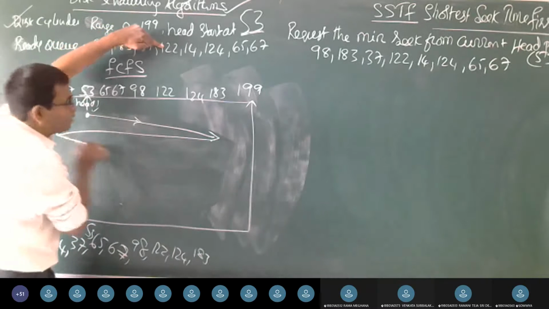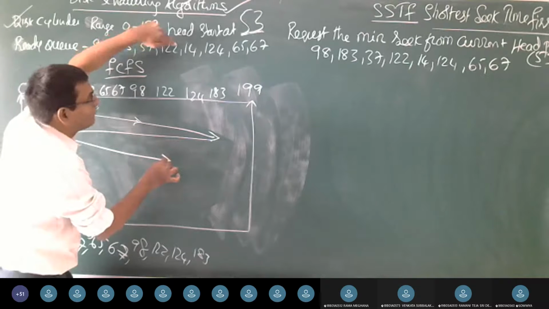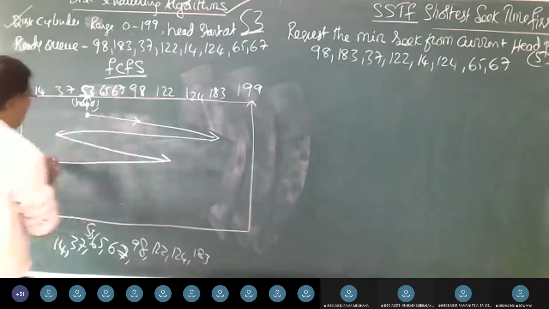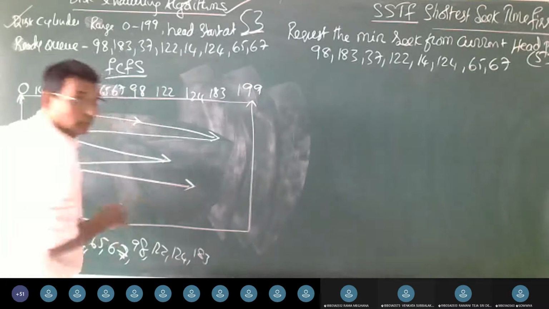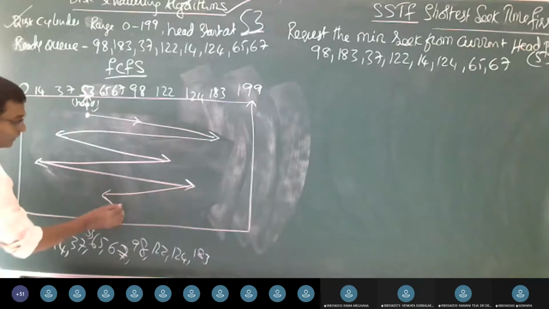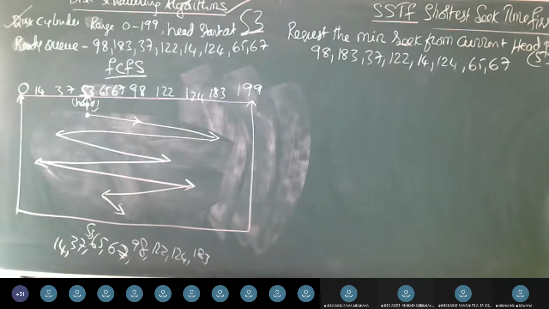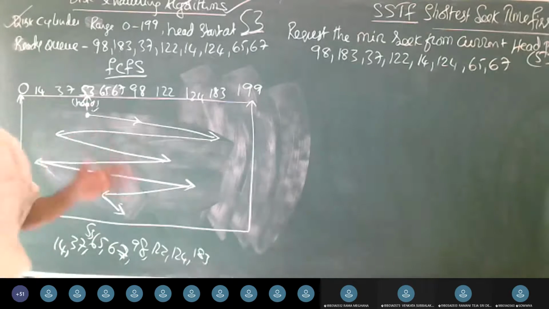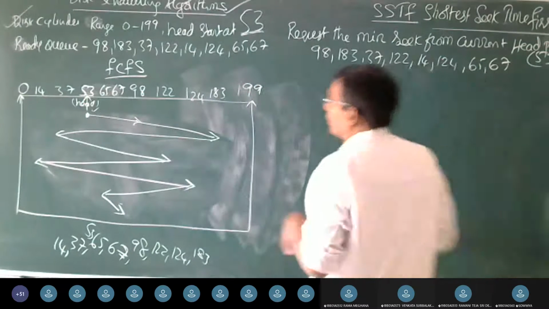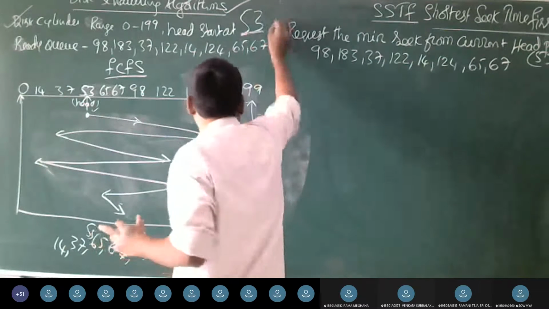After 37, it has to go to 122. After 122, it has to go to 14. After 14, it has to move to 124. After 124, it has to move to 65, and thereby it is going to move up to 67. So this is how we are going to iterate the model with first come, first serve. Okay. This is item number 1.